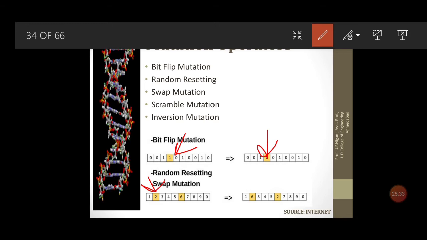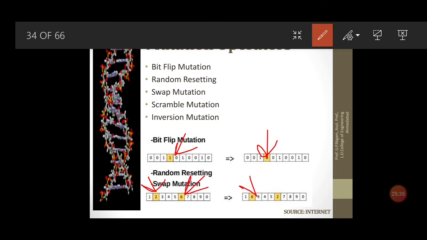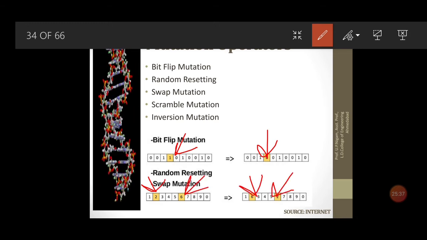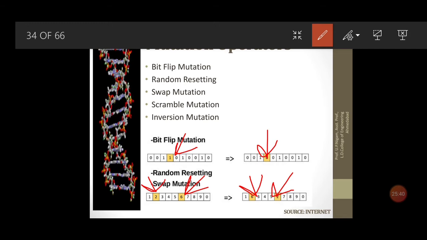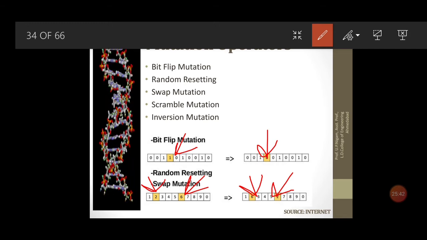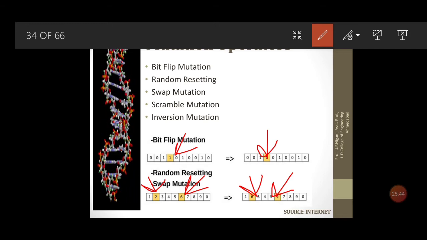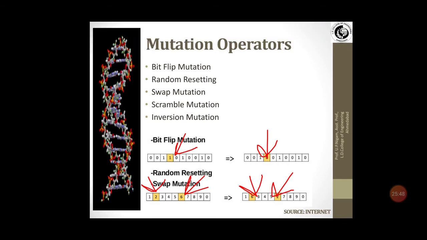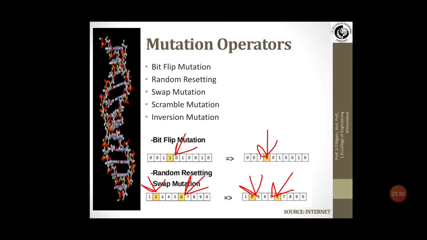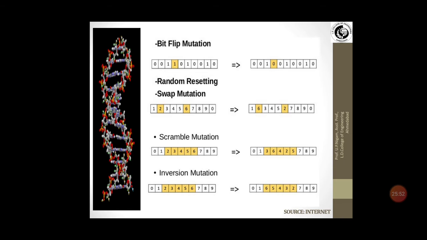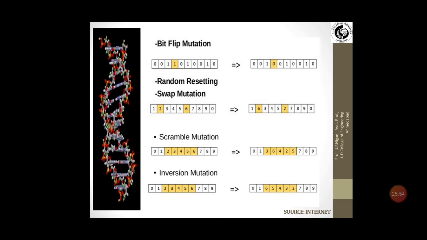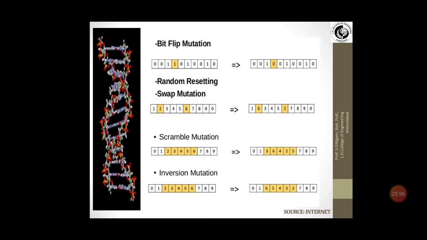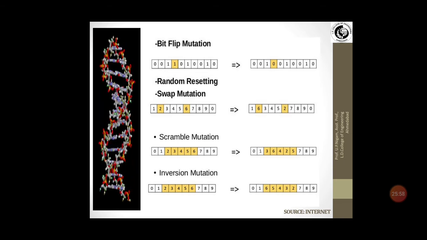So here it is a swap: here 2 and here 6 we have randomly changed to 6 and 2. Within the chromosome, anything can be changed by the GA itself, or we change a particular value leading to some good value. So these are known as mutation operators. These are the different examples: bit flip, random resetting, swap mutation, scramble mutation.